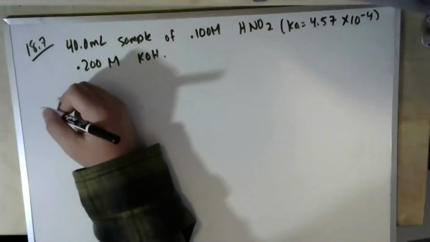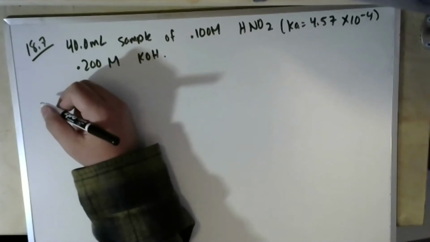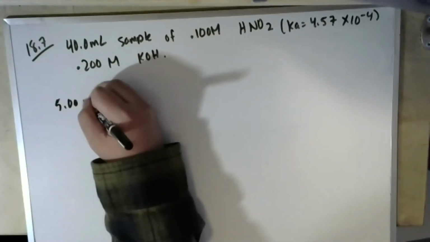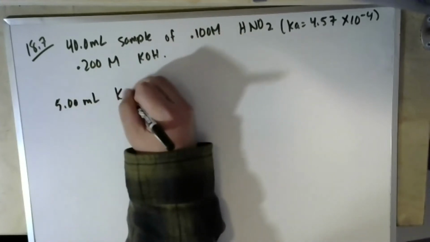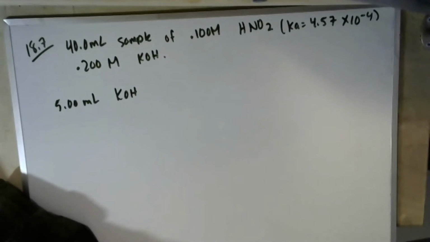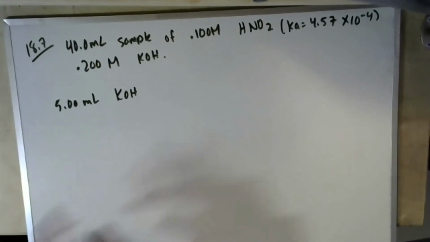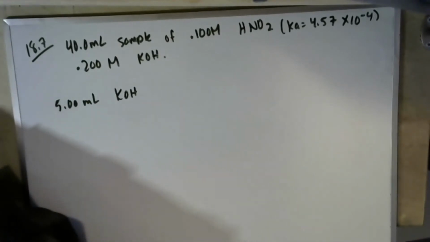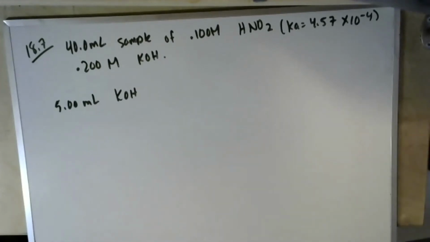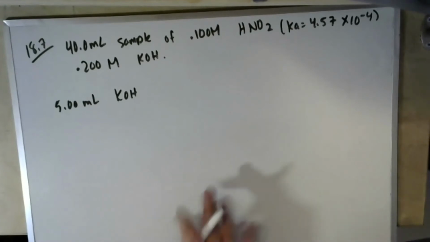So the first point in the titration that we're going to be focused on is the pH after we add 5 milliliters of KOH to our solution. And we would expect that as we add the KOH to the solution, we're going to slowly be increasing the pH of the solution, right? So hopefully that makes sense.